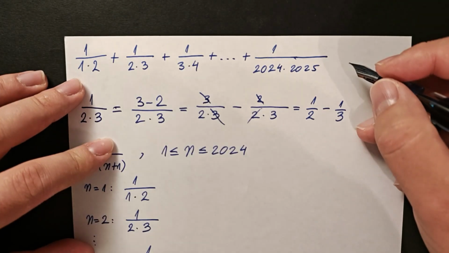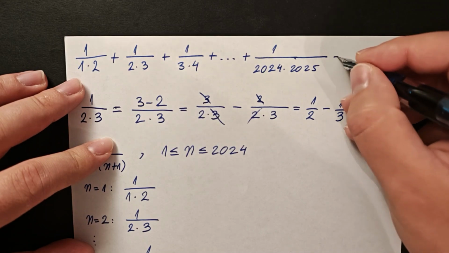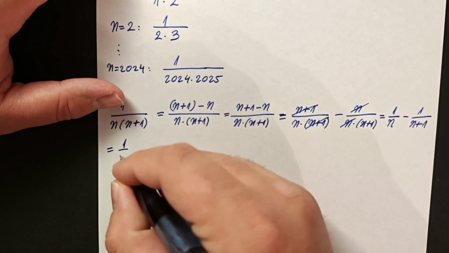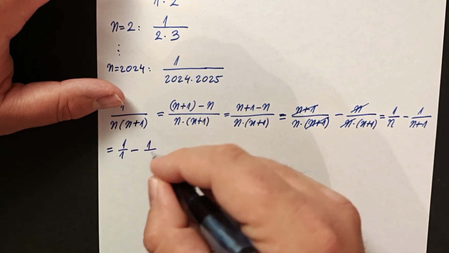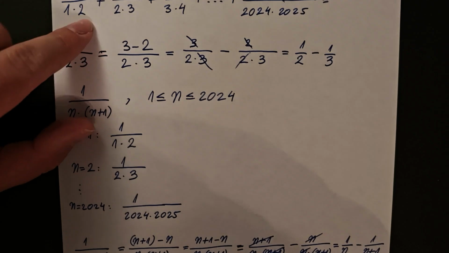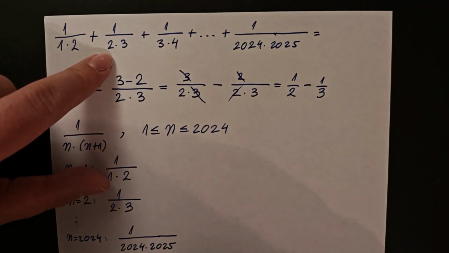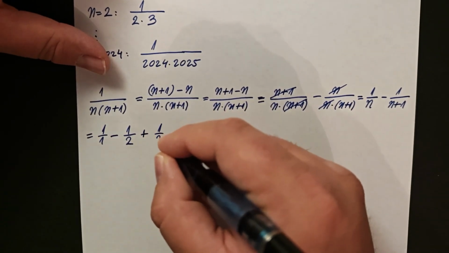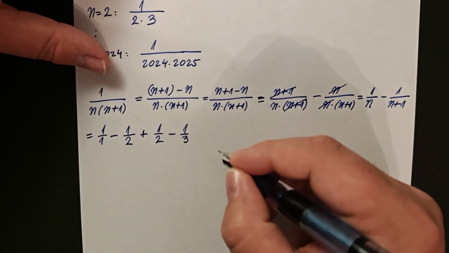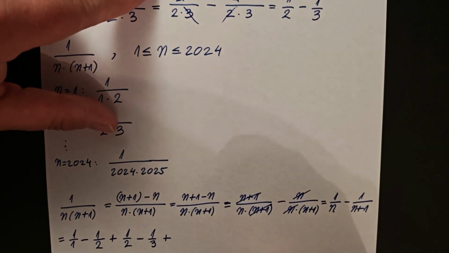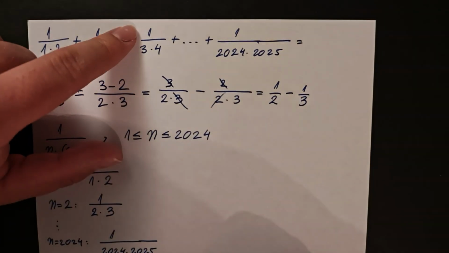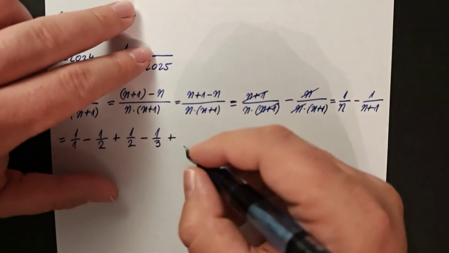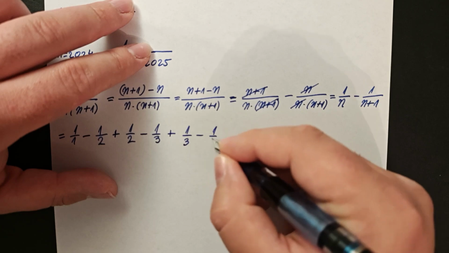So let's apply this to all fractions of our sum. We get that our sum is equal to 1 over 1 minus 1 over 2. And then the second fraction is 1 over 2 multiplied by 3. When we apply this, we get 1/2 minus 1/3, plus for the third fraction, you see that we have 1 over 3 multiplied by 4, and that is 1 over 3 minus 1 over 4.